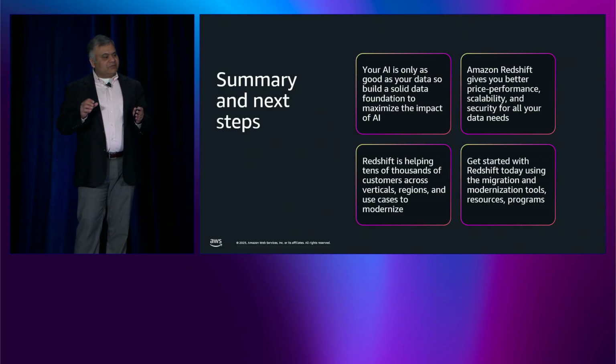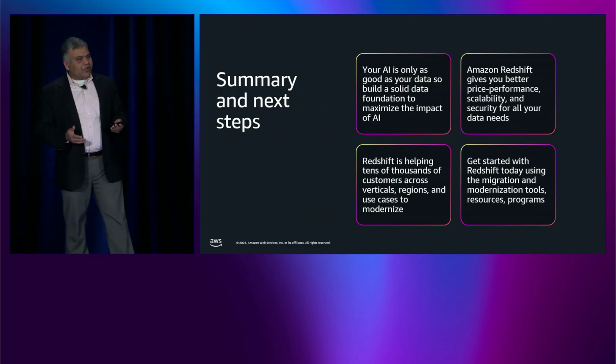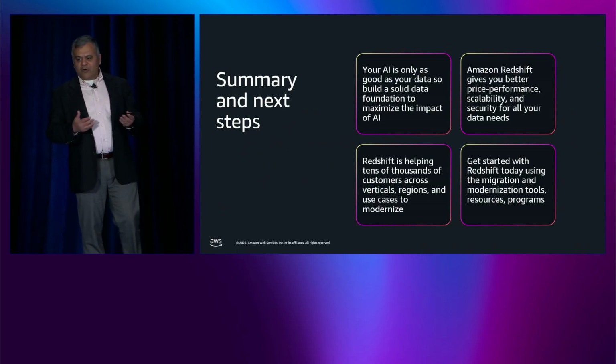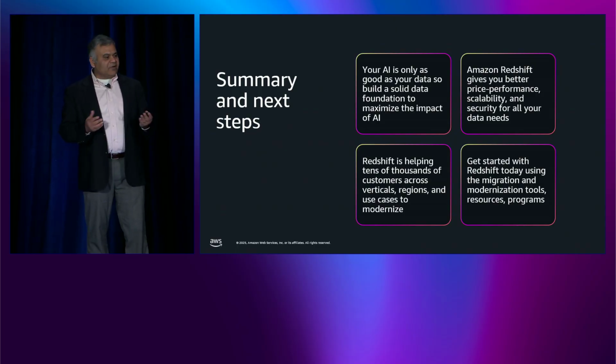What we have seen is Redshift provides the best capabilities in the space: enterprise-grade capabilities around reliability, scalability, availability, some of the capabilities you saw around MCP integration, data integration, scaling of the platform, and ease of use with serverless, all for you to get started with your journey. At this point, tens of thousands of customers like Roche are already using Redshift to modernize their data platforms and take advantage of these AI and Gen AI capabilities.